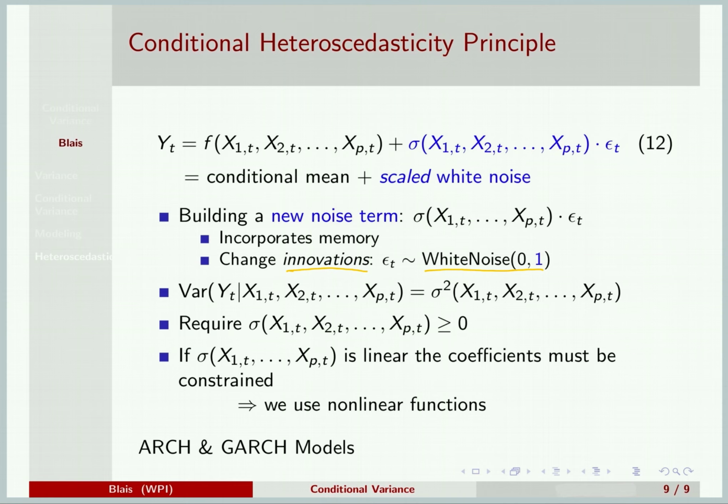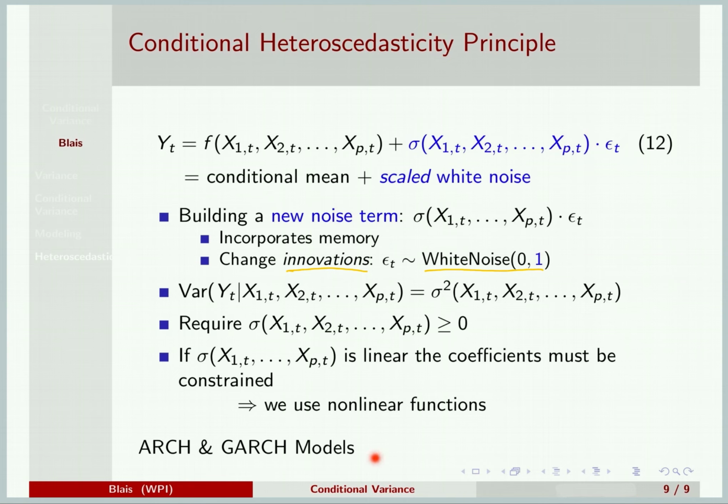But the key thing to recognize when you want to introduce conditional heteroscedasticity to a time series model is that you move from a white noise to a standard white noise, mean 0 variance 1, and then you scale it by just the right function. That will introduce conditional heteroscedasticity.